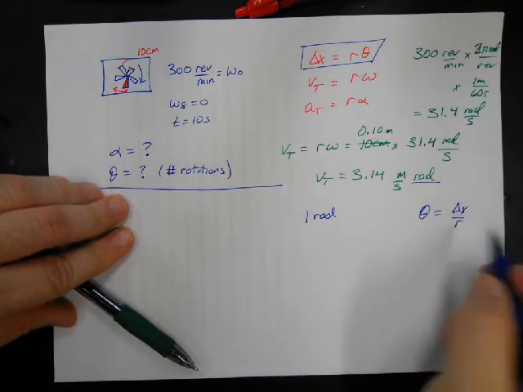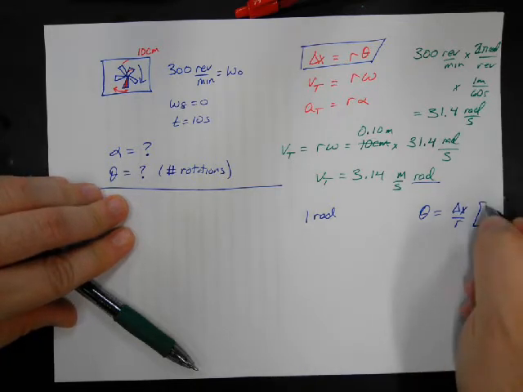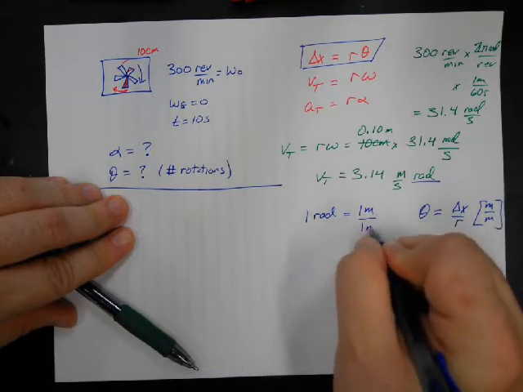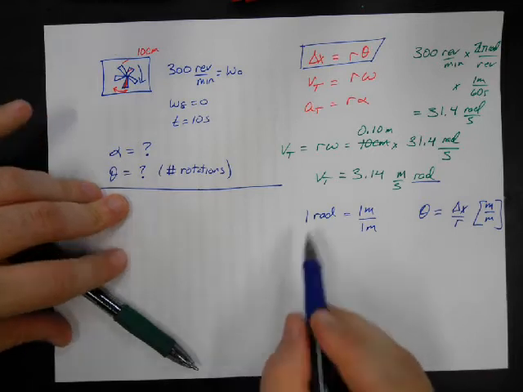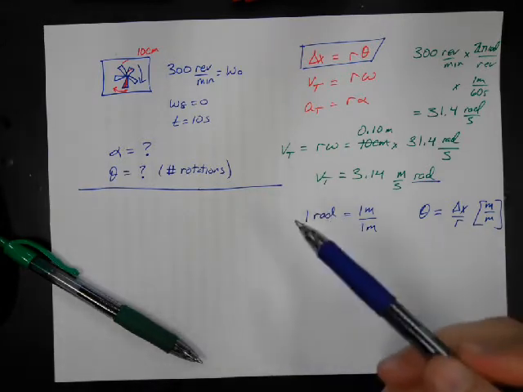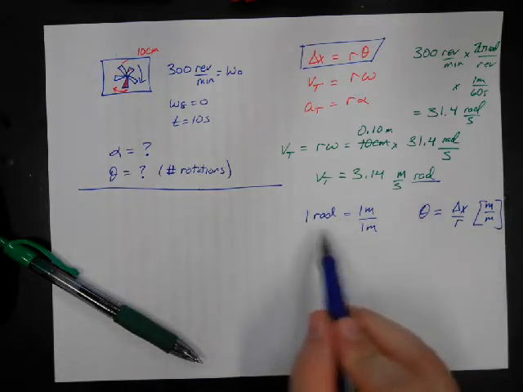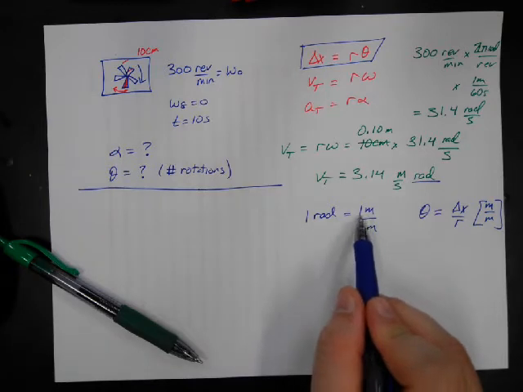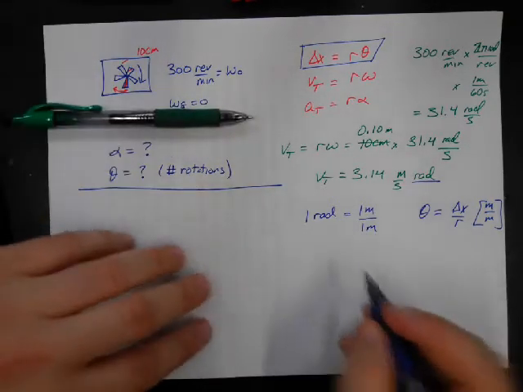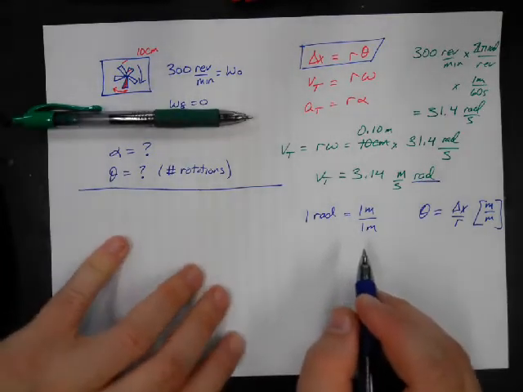And so the units of this is meters divided by meter. 1 radian is 1 meter over 1 meter. So radians are not a real unit. They're a counting unit. It's like going 1 sheep, 2 sheep, 3 sheep. And it's a ratio. It's always going to be 1 unit of distance divided by some other unit of distance. Right? Consider it a unit conversion.